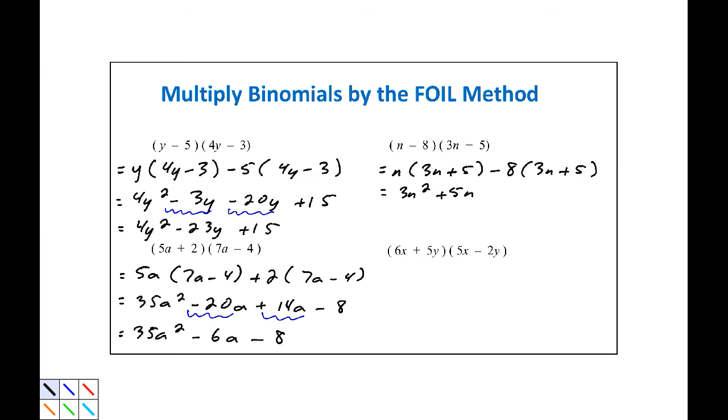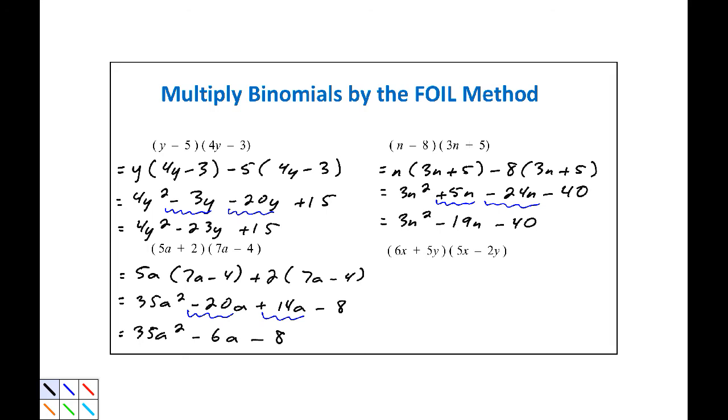Distributing the negative 8 on the second would result in negative 24n minus 40. And I can combine my 5n term and my minus 24n. That would be negative 19n, so that my final answer is 3n squared minus 19n minus 40.